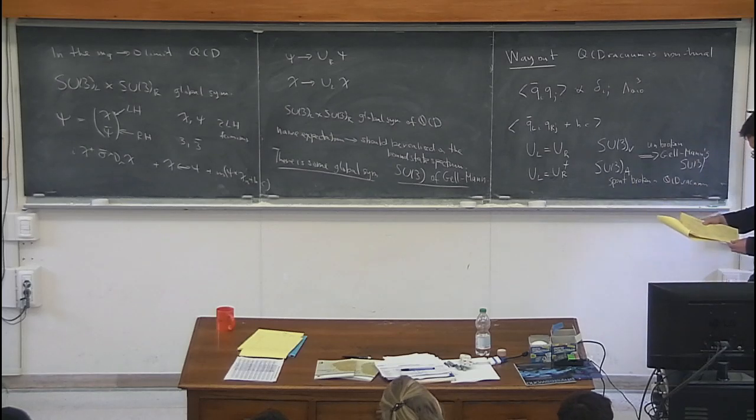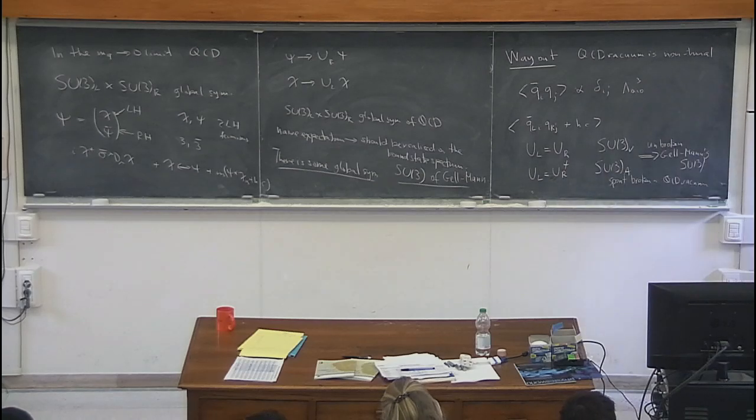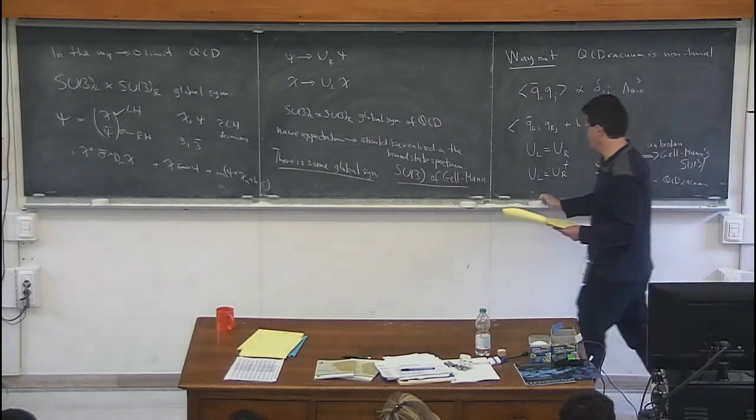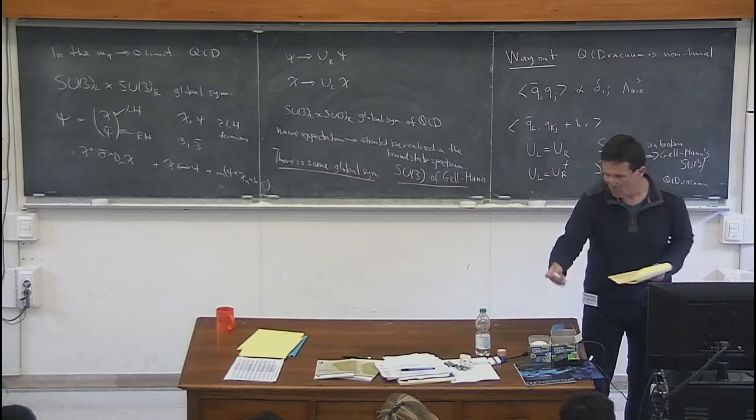That's a very nice picture, but of course it has an immediate consequence. If there is a spontaneously broken symmetry, then there have to be corresponding Goldstone bosons. This is a broken SU3, so you expect there to be an octet of Goldstone bosons corresponding to these broken directions.